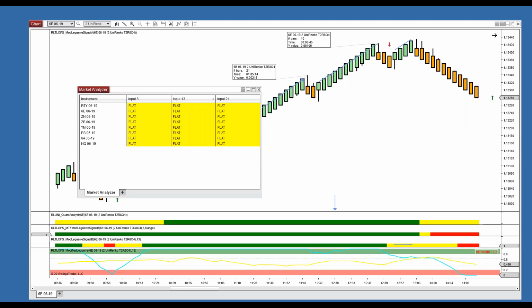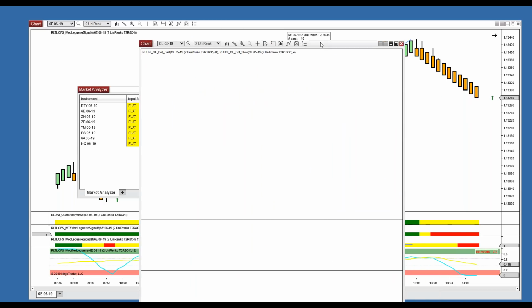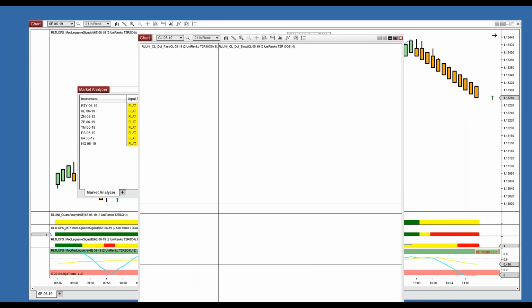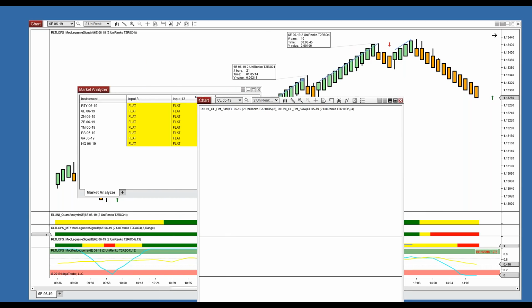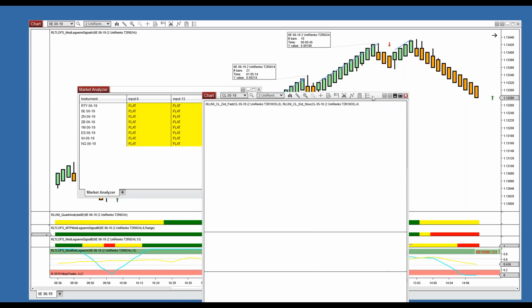Do you know something? I can't show you crude, and RK, I'm really sorry. And the reason is I only have a kinetic data feed. I don't have a CQG data feed. And here's my crude chart. It's blank. But let me tell you, I wish I could show you because crude works amazingly well. And I'm telling you, you can take my word for it.